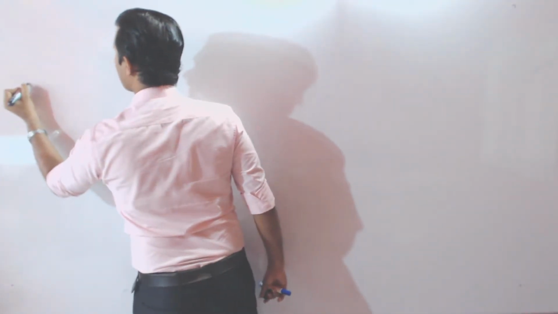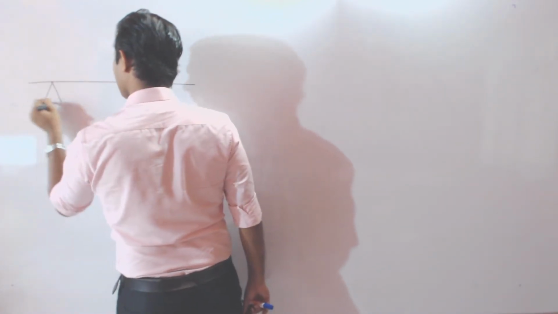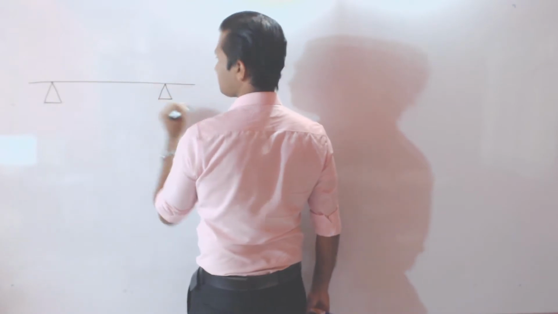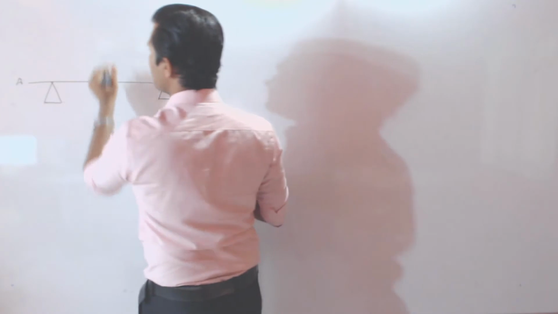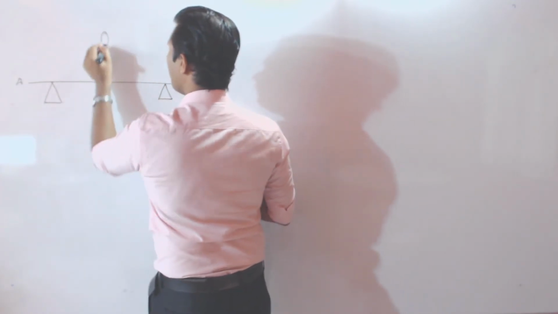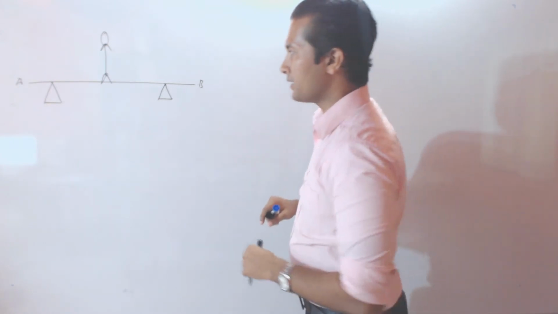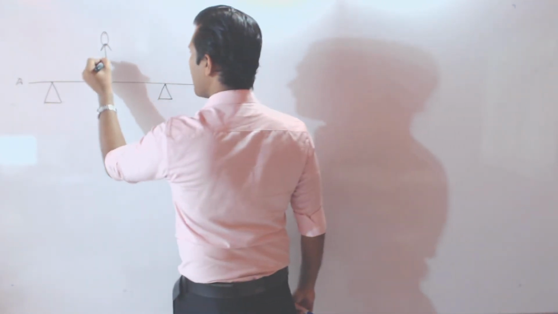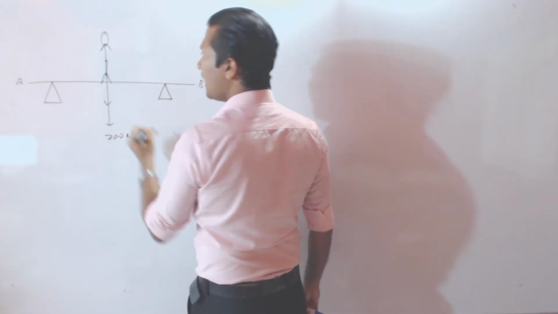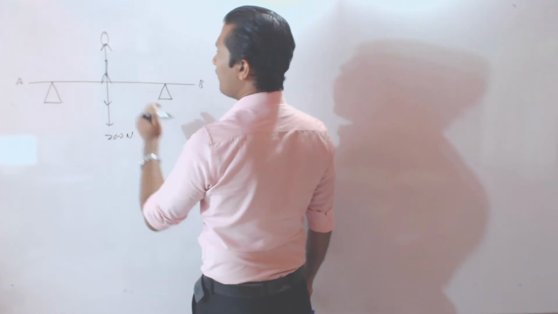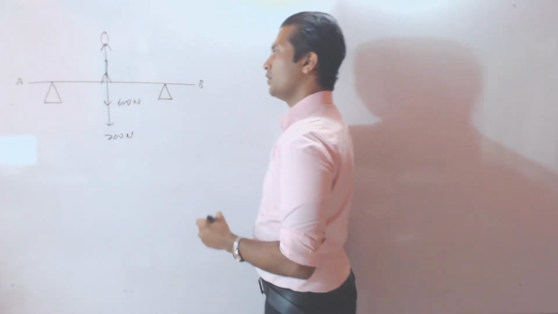Now we can consider a system just like this. A man is on the bench at the center of gravity. Let's take the weight of the man as 200 newtons and the weight of the bench as 600 newtons.